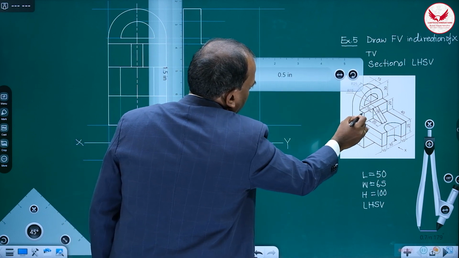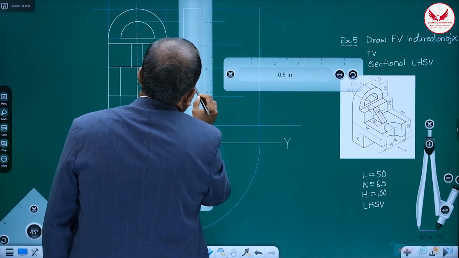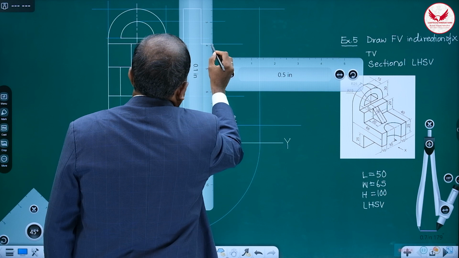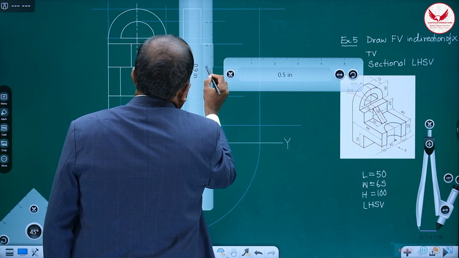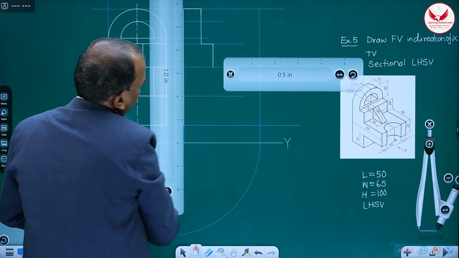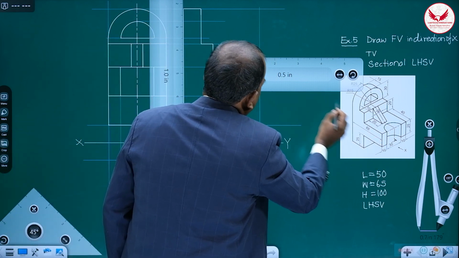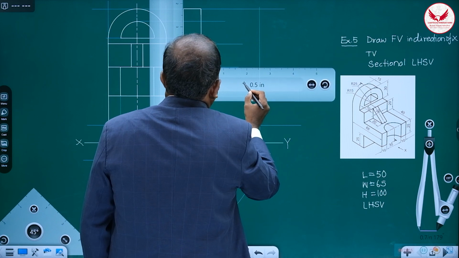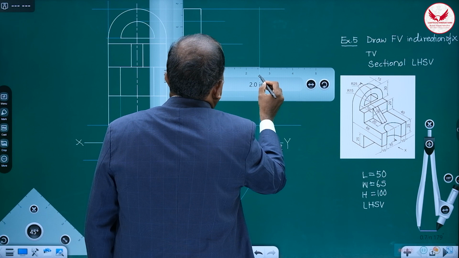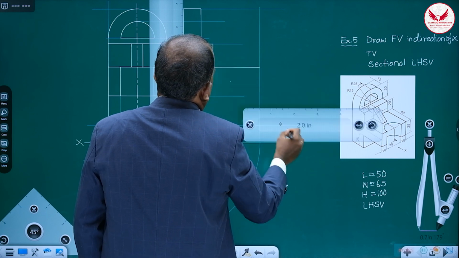Then after 10, it's 20. We are having those lines, means up to this line only. 20. And then after 20, this line is till the end of the block. It is up to this. Correct.